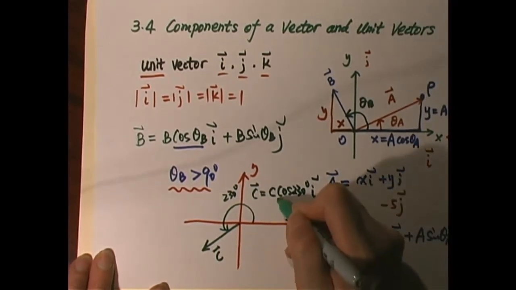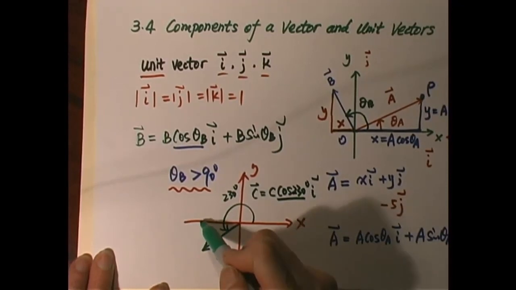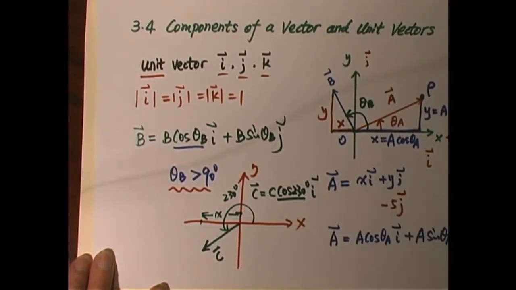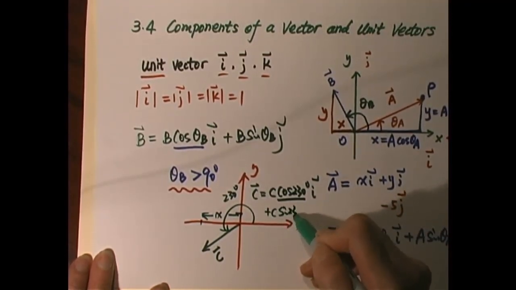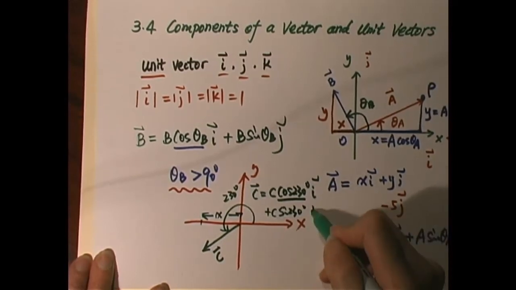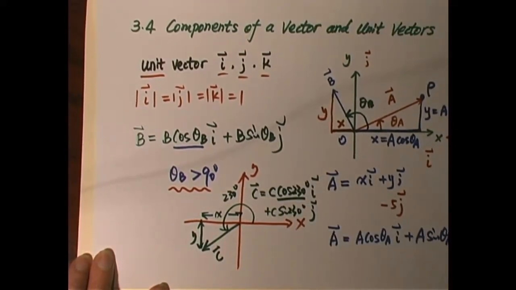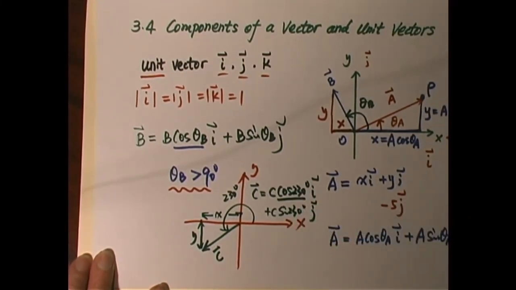Obviously cosine 230 is negative because it has a negative x. This is how much negative x there is for this vector. And plus the magnitude of C times sine 230. This time sine 230 is negative, giving negative j, because look at this, the y here is negative. So it automatically comes out that i turns negative and j turns negative, because this angle is 230 degrees.